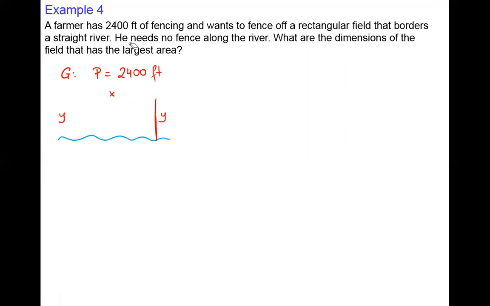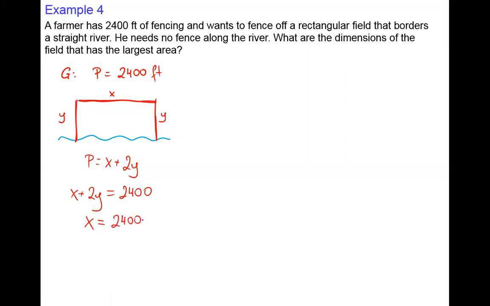This is definitely, it must be equal. I mean, my labels are telling us that it's equal. Y and y. Okay, that means that's the perimeter, but we have to be careful. The perimeter is only x plus 2y. That means x plus 2y equals 2,400.